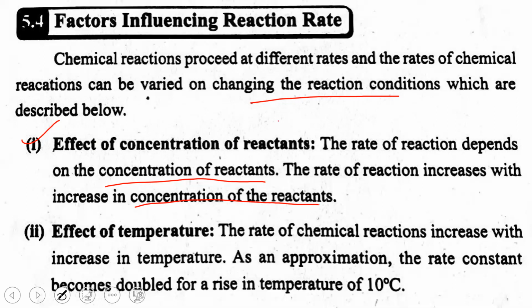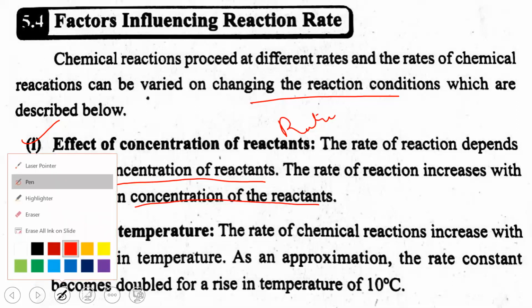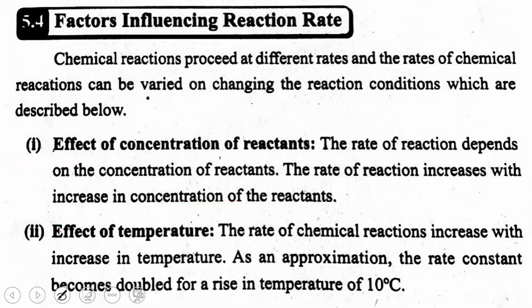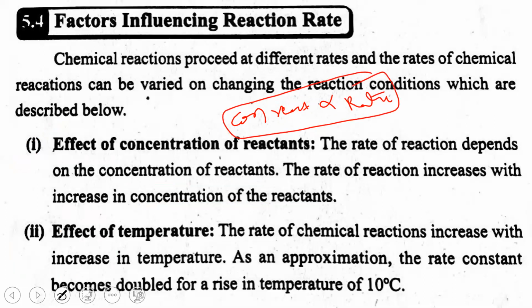So that means you can write it as, see this one, the concentration of the reactants is directly proportional to the rate of the reaction. If you increase the concentration of the reactants, there will automatically be an increase in the rate of the reaction.